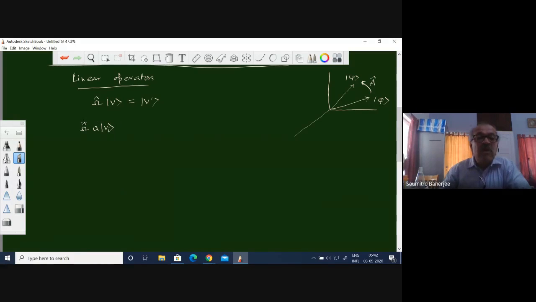So omega operator is operating on a constant times the components of the vector v, then you can get the constant out of it. And if you know how the omega operates on the components, we also know how the omega will change the vector. That is what we have learned in the last class.